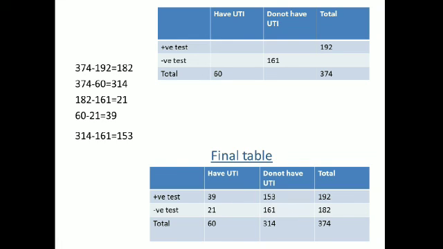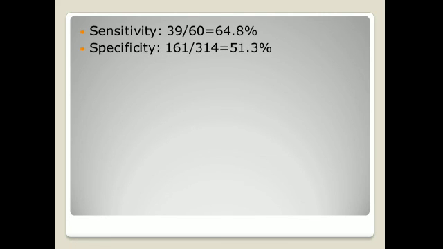Okay, now 39 divided by 21 plus 39, which equals 60, so 39 by 60 gives 64.8%, and specificity 161 divided by 314 equals 51.3%. So this is how I got the calculation for sensitivity and specificity.